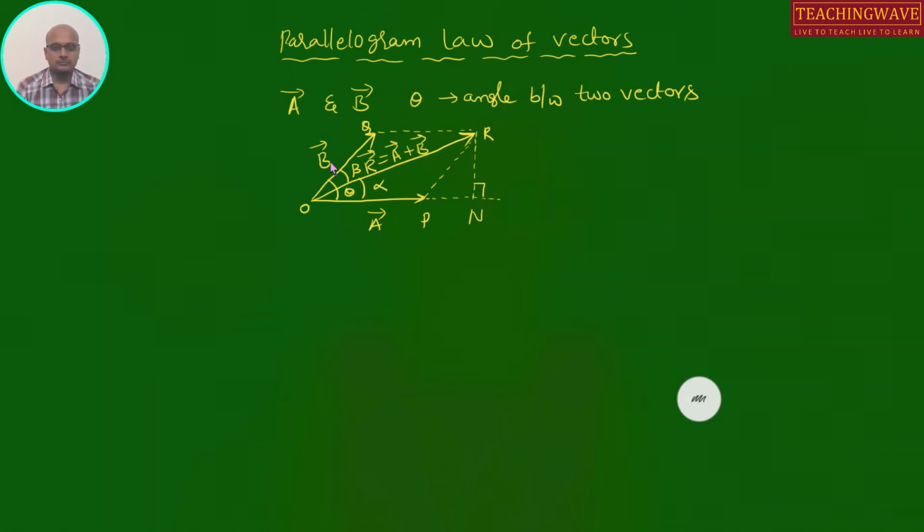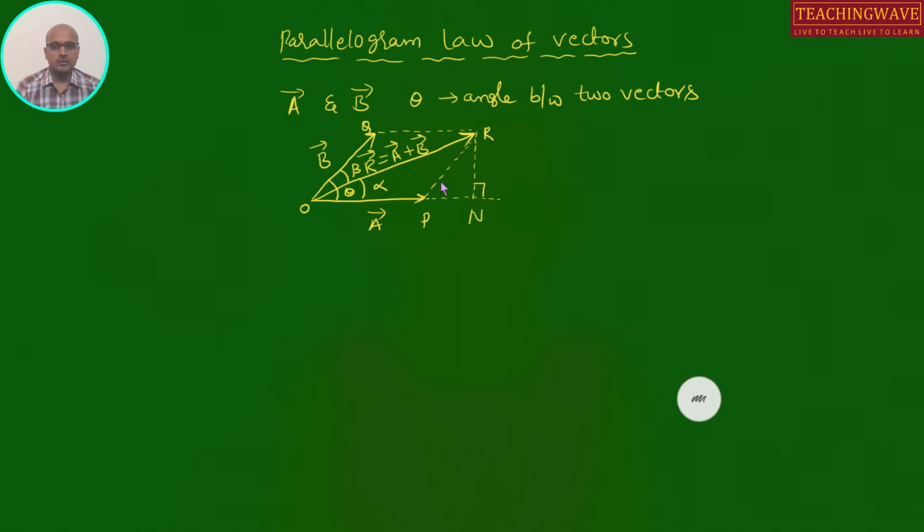In a parallelogram, opposite sides and opposite angles are the same. So angle QOP is exactly equivalent to angle RPN, that is theta.